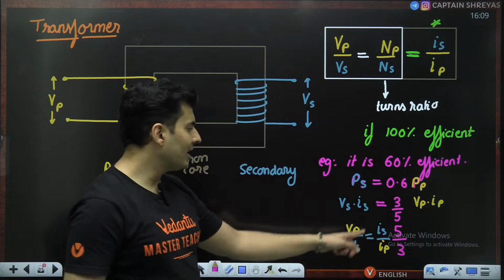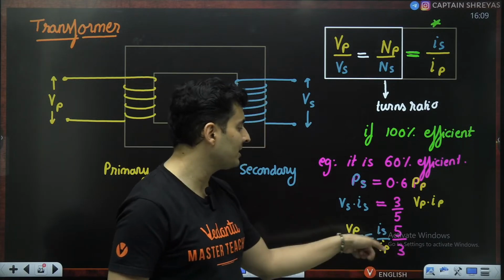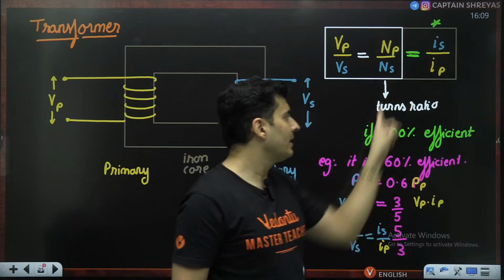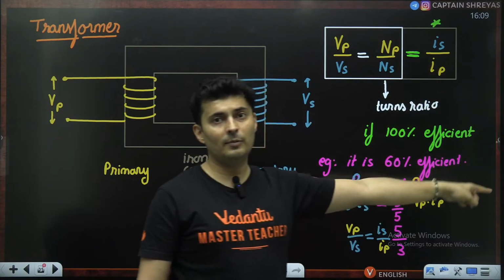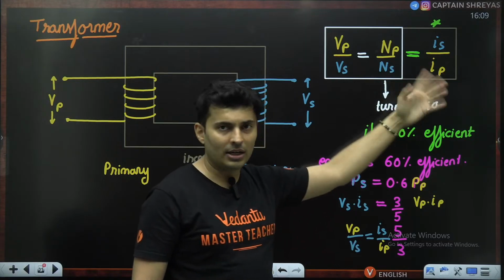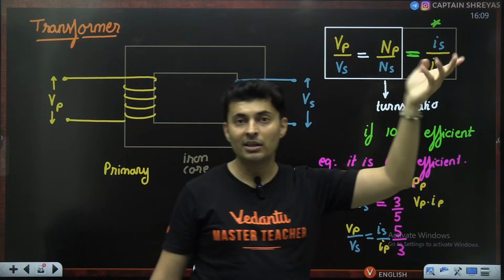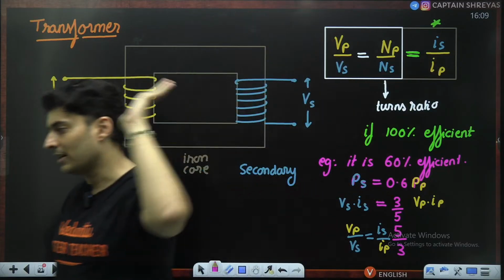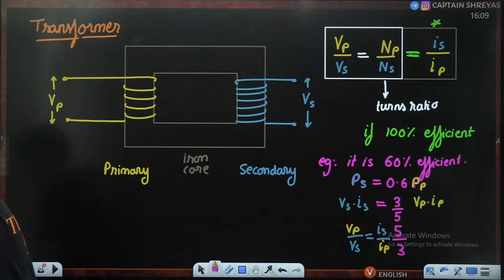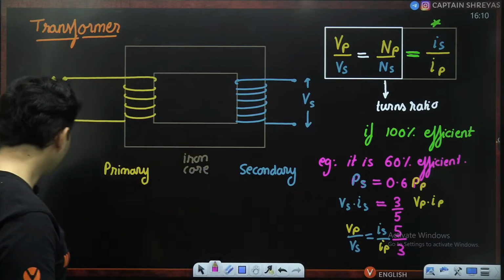So Vp by Vs is 5 times Is by 3 times Ip. Do you see this number has changed? This is why I said this is only true if it is 100% efficient, then it will be 1 Is by 1 Ip. If it is not, then some fraction will come over here. So that is why I have put that star mark. Is this absolutely clear? Everyone? Cool. Very, very important part of the transformer.